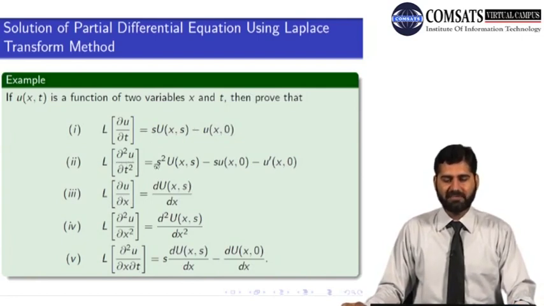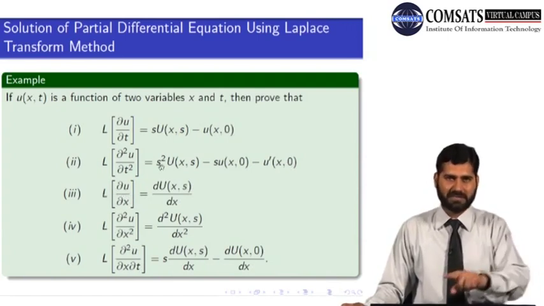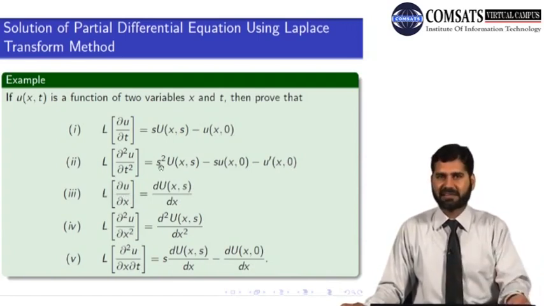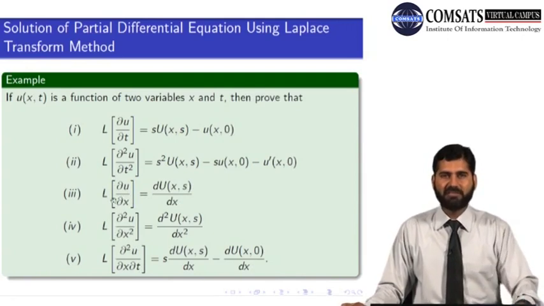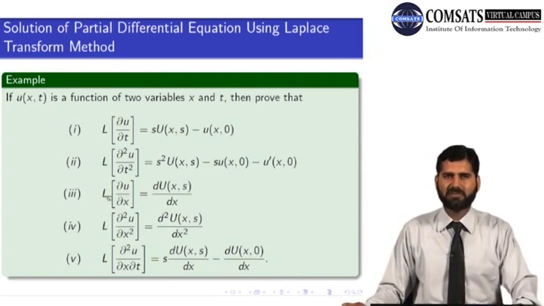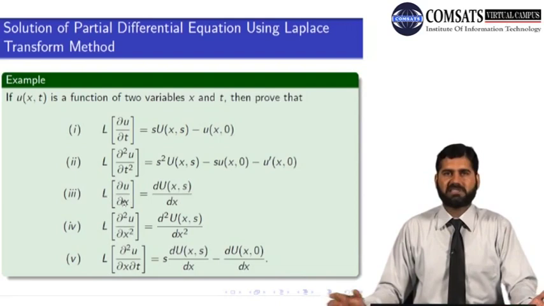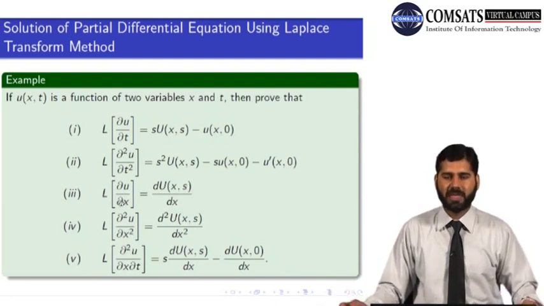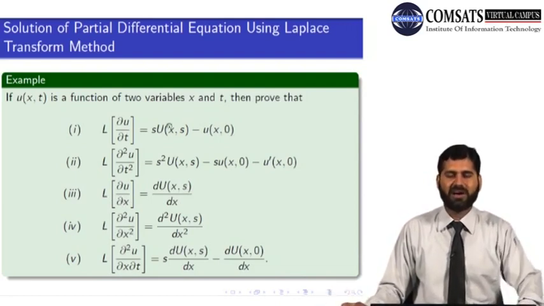Similarly, the second derivative will have s squared U minus s u(x,0) minus u prime(x,0), but 0 is for t, not for x. Now the Laplace transform changes t to s, so x will remain x. When you take the Laplace transform of the x derivative, it will just take the derivative of your Laplace transform. Then you will not use this formula.